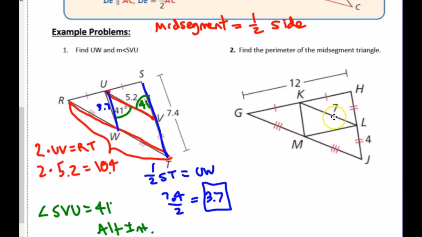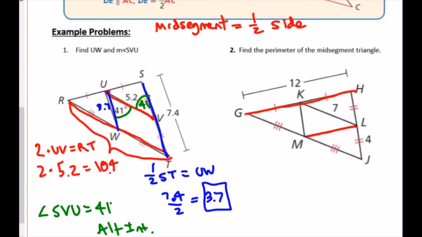So I only have one side on the inside, 7. But I can figure out these missing ones. So let's start off with GH is 12. How am I ever going to figure out ML? What do you think? If I know the side, how do I get the midsegment? Yeah, how do you go from the side to the midsegment?